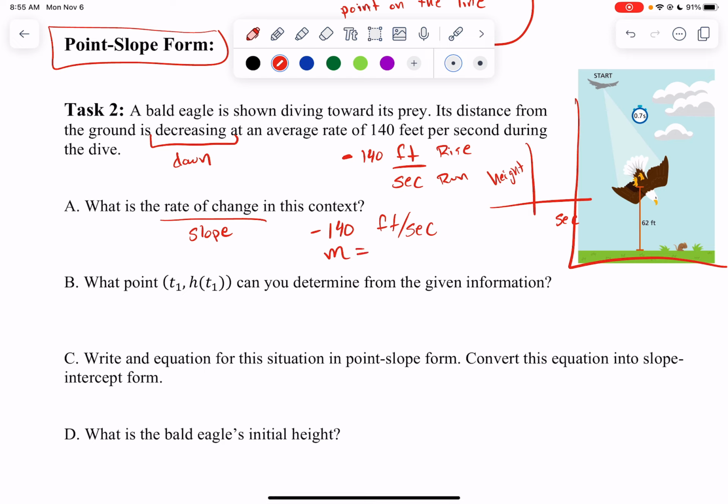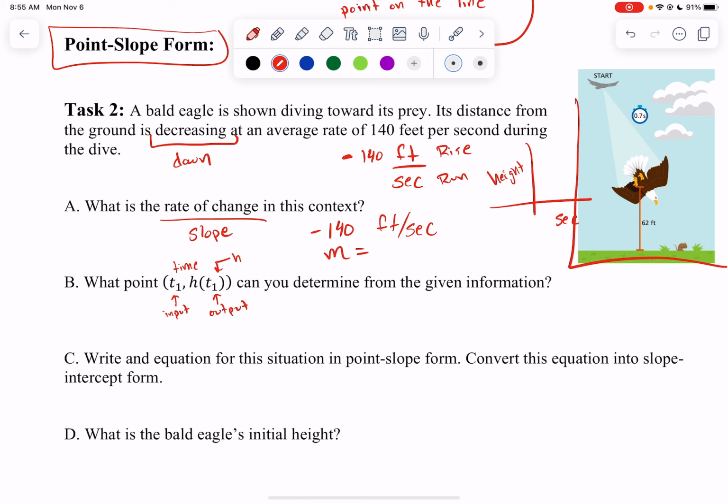So the next question is, what point t sub 1, h of t sub 1, meaning I want an input value and its corresponding output value, can we determine from the given information? If I look here in this picture, it says at 0.7 seconds, I am 62 feet off the ground. We said our input is time.